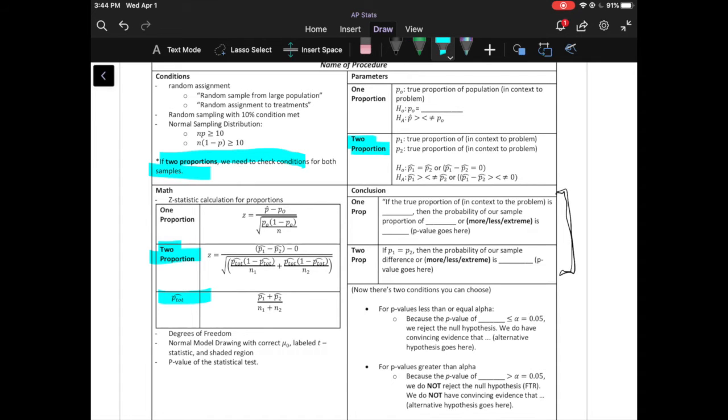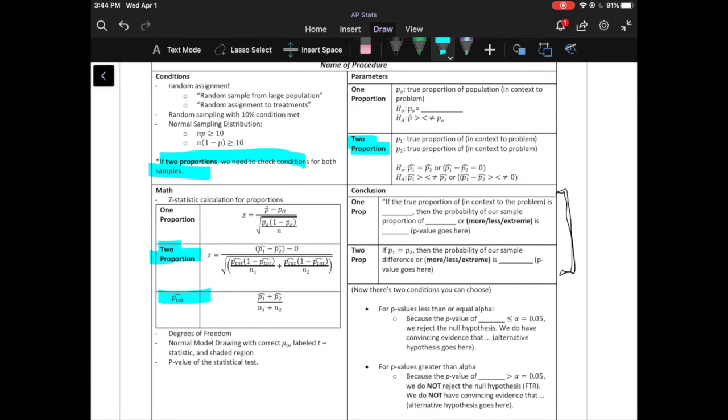We're going to think back to our two-sample means test, where when you have two samples, you have to test the normal condition for both of those samples. So in this case, we're going to do n times p is greater than 10 and n times 1 minus p is greater than 10 for both of the samples, for both of the groups. In a two proportion test, the parameters, right?